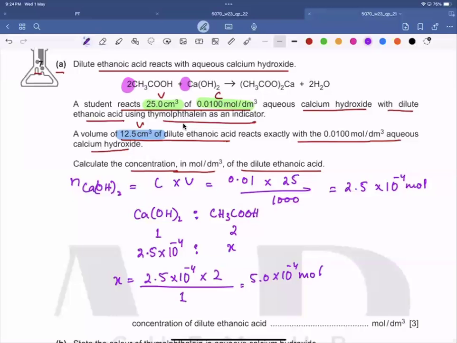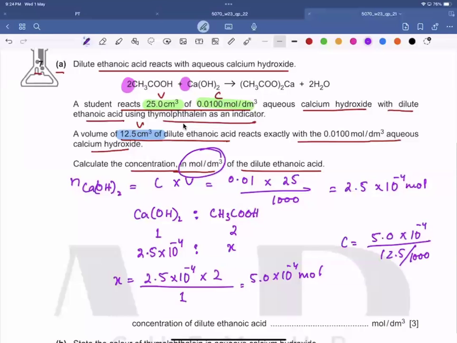But these are the moles and they are asking you to calculate the concentration. So for the concentration of ethanoic acid, we got the moles divided by the volume. Volume is 12.5, but it's in cm³, so we have to divide it by 1000. Is this clear to all of you?